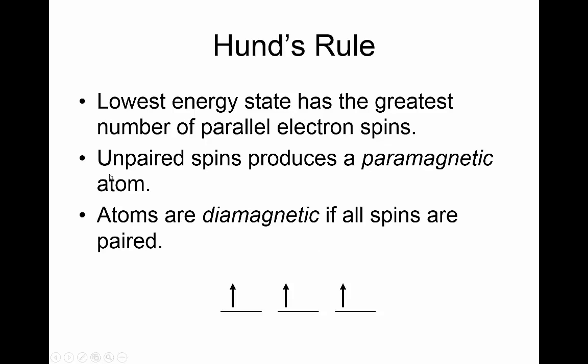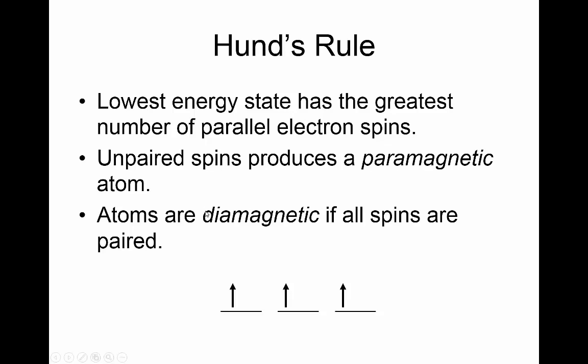So when we have unpaired spins, that's an electron in an orbital by itself without a corresponding partner pointing down, for example, that produces what we call a paramagnetic atom. A paramagnetic atom will be deflected by one of those non-uniform magnetic fields, and those atoms can have magnetic properties.